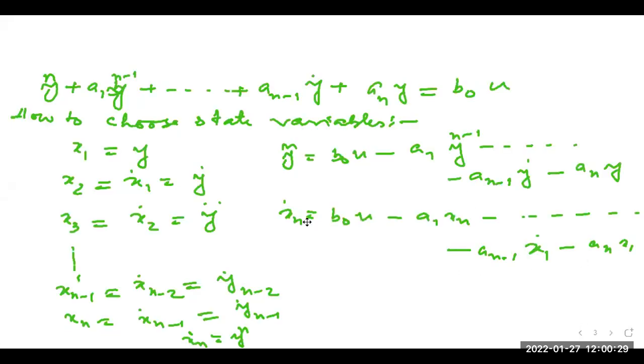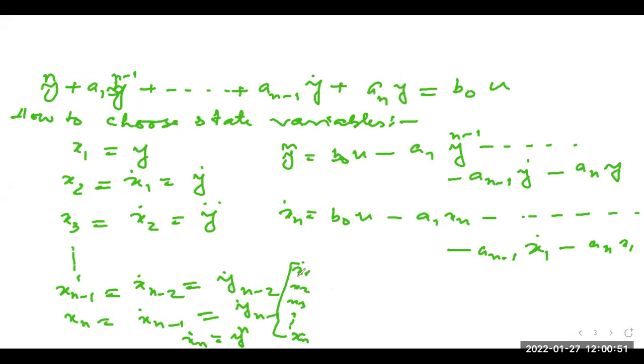So just you tell me this thing again. I require this equation. So we'll choose all these variables, x1, x2, x3, up to xn.